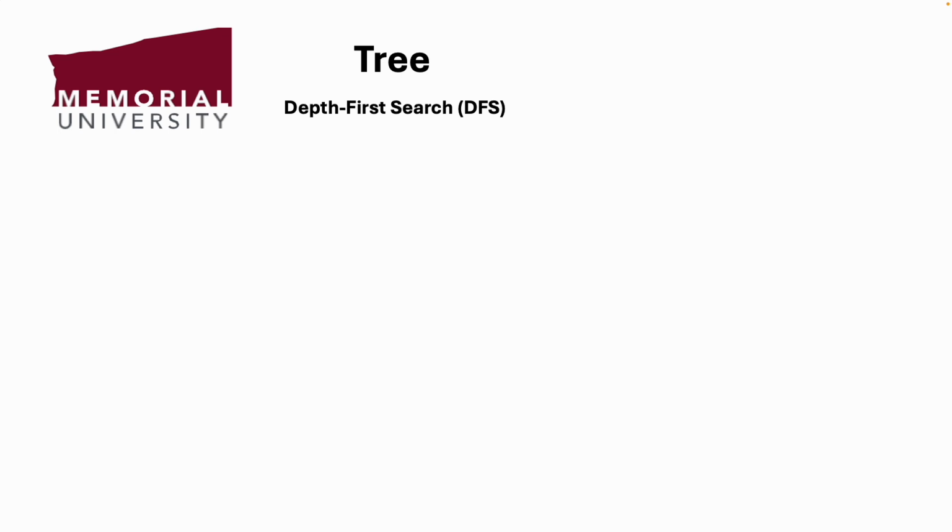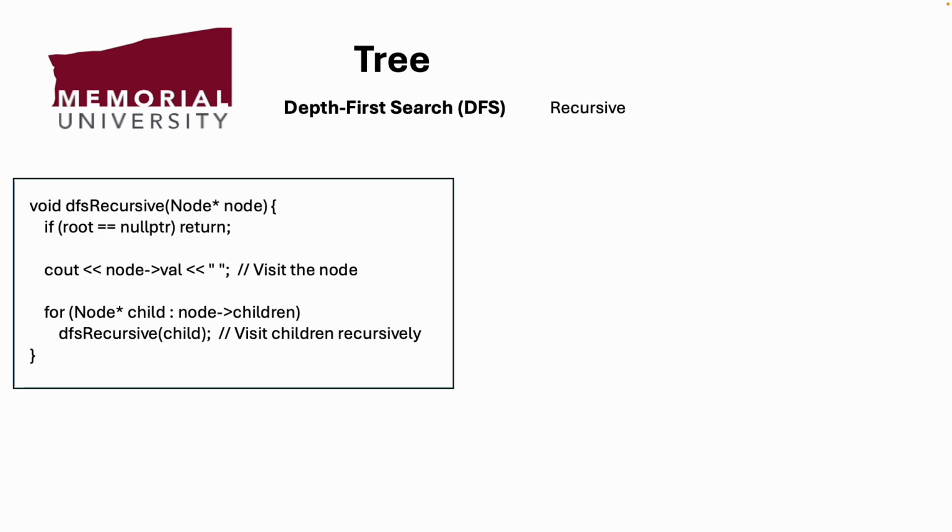Yesterday we discussed depth first search, also called DFS. We also have a way to process a DFS based on recursion. Here's the code to implement depth first search recursively.